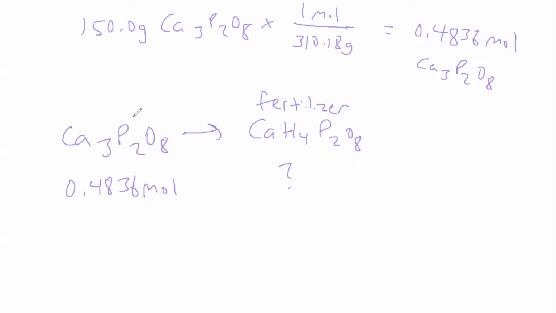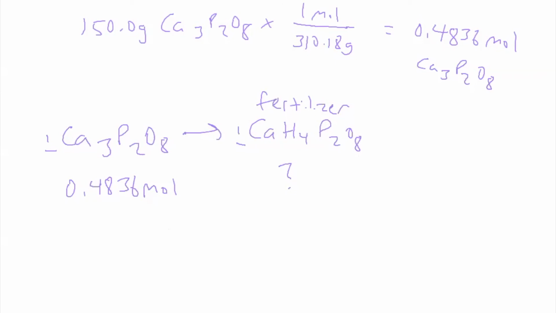So if we're given moles of Ca3P2O8, we need moles of fertilizer. We look at the molar ratio between them. Look at the numbers in front. In this case, there's no numbers in front for either of them, so it's a 1-to-1 ratio. For every 1 mole of Ca3P2O8, you have 1 mole of fertilizer produced.